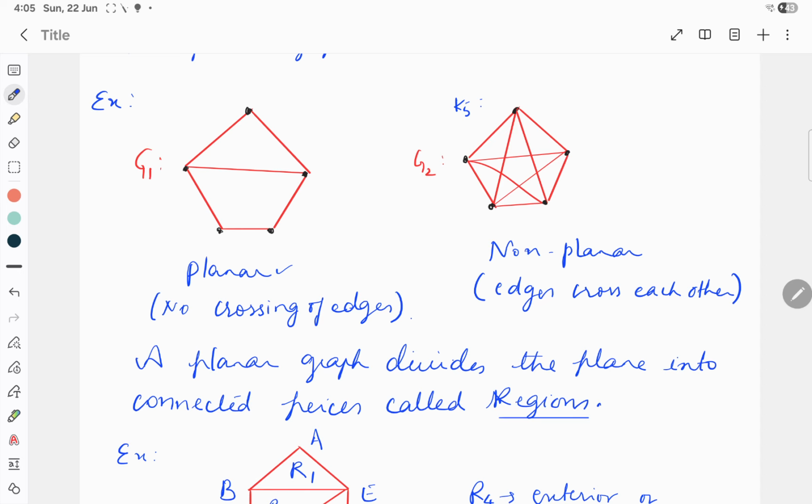We know how to draw K5. So let us just check whether K5 is a planar graph or not. So again let me draw the graph. I'll first join these edges. You can see that there is no crossing of edges. Now I'll draw this edge.